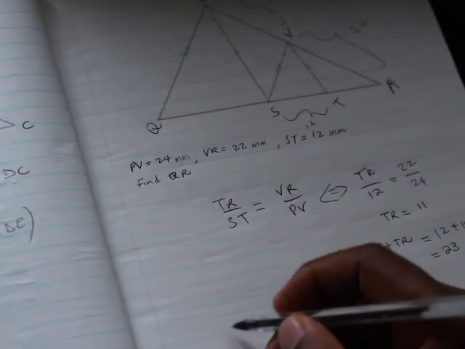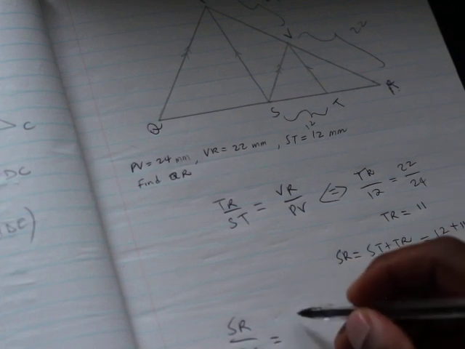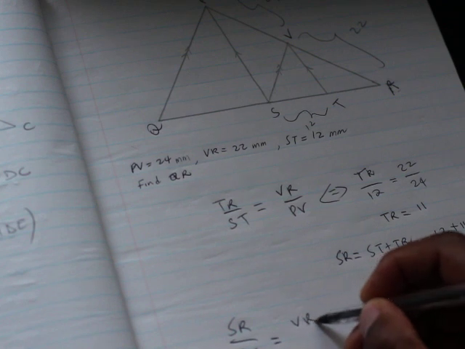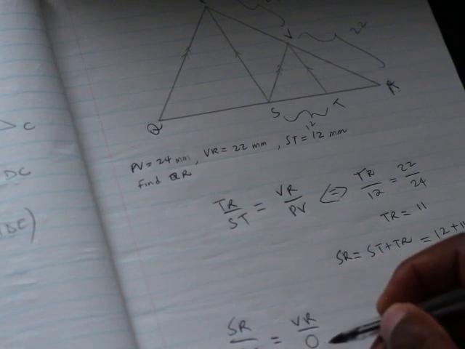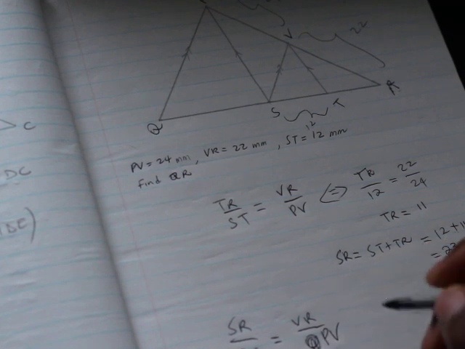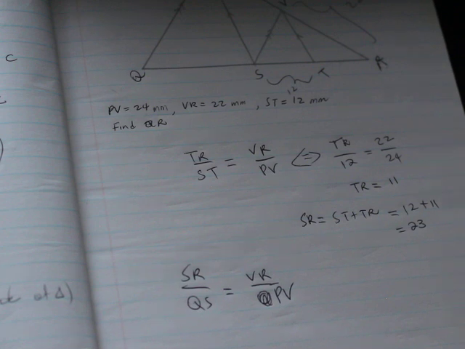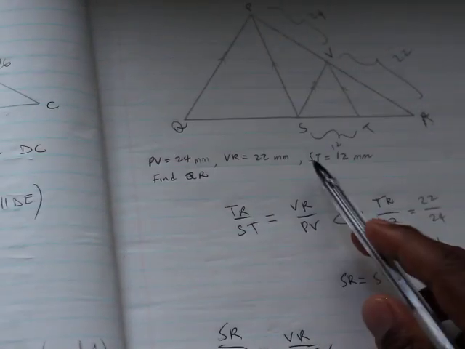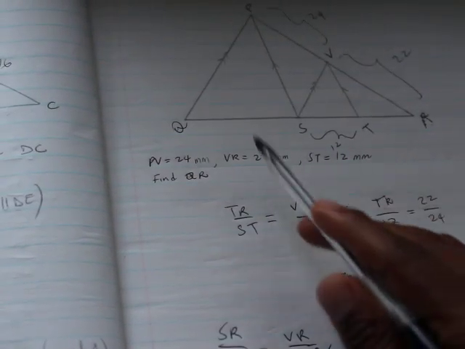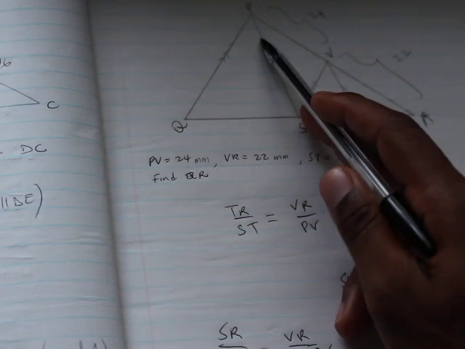Okay, so SR over QS is equal to VR over PV, because there's the two lines being parallel.